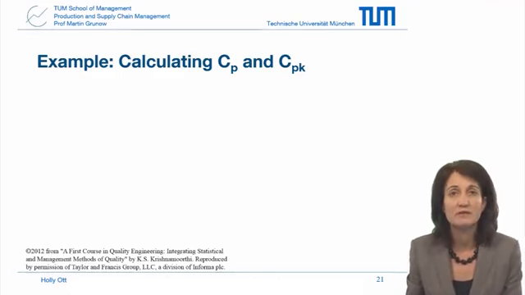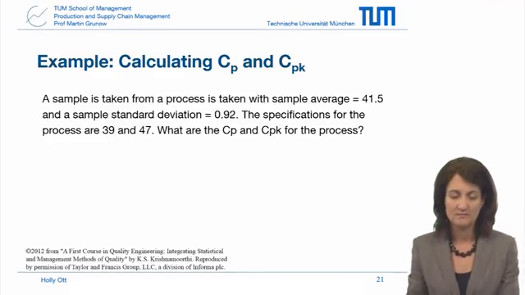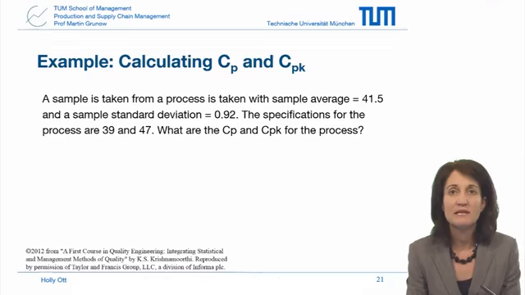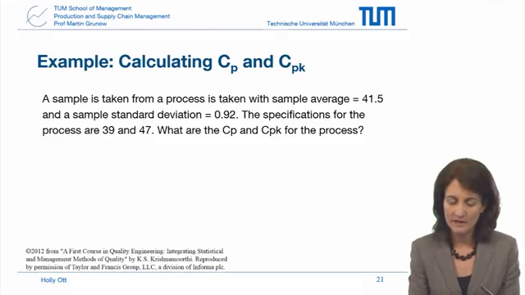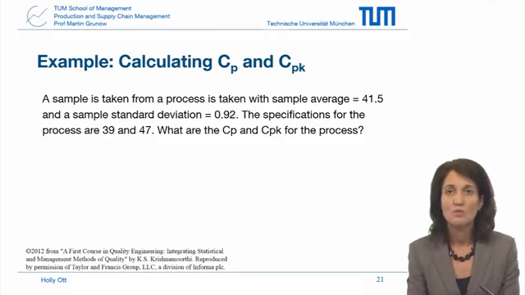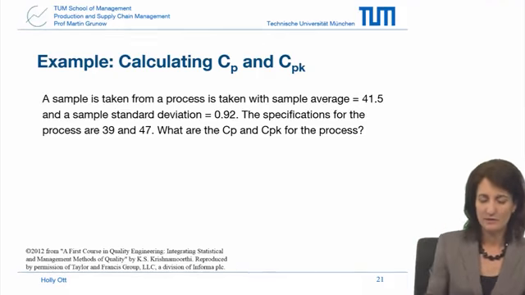Let's do one example together just to exercise this. A sample is taken from a process with a sample average equal to 41.5 and a sample standard deviation equal to 0.92. The specifications for the process are 39 and 47. What is CP and CPK for this process? First we identify the parameters we need.